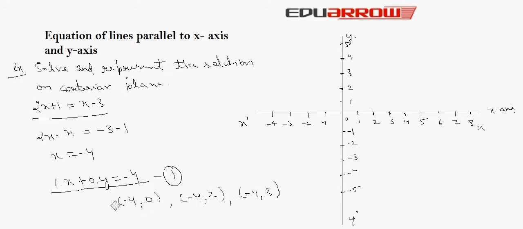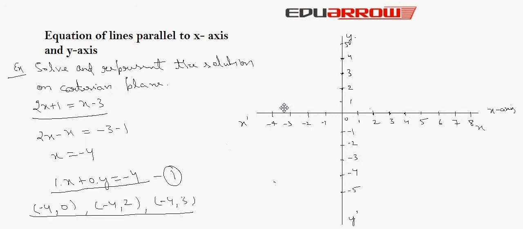Now, we will plot these points on the graph. The x coordinate is minus 4 and y is 0, so it will be plotted here. Now, minus 4 and 2: perpendicular to the x-axis, 2 is here.